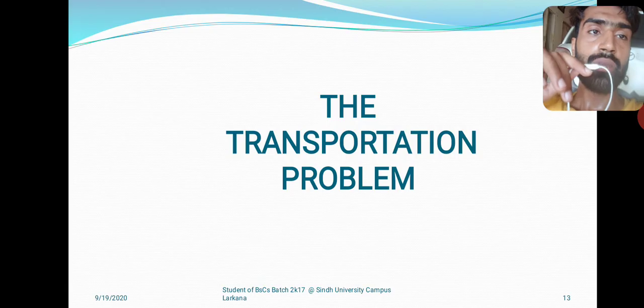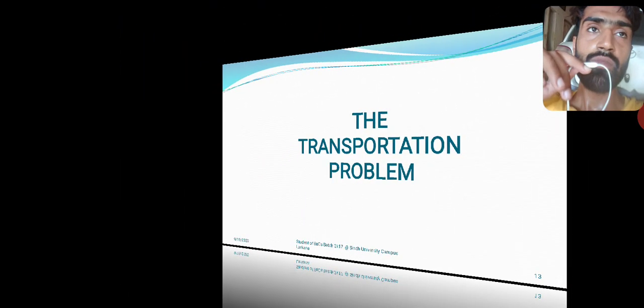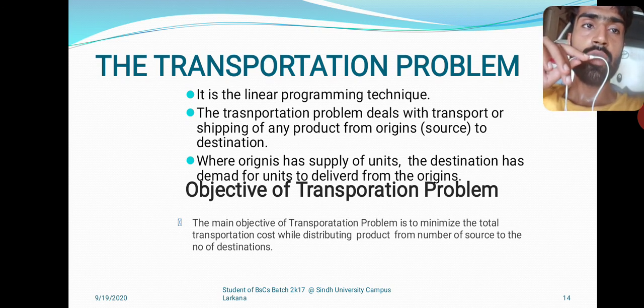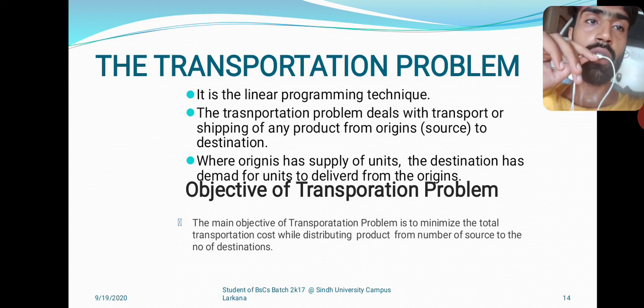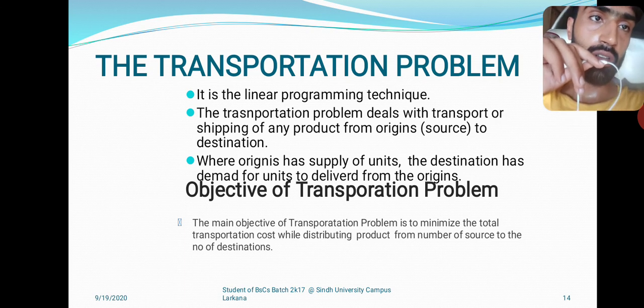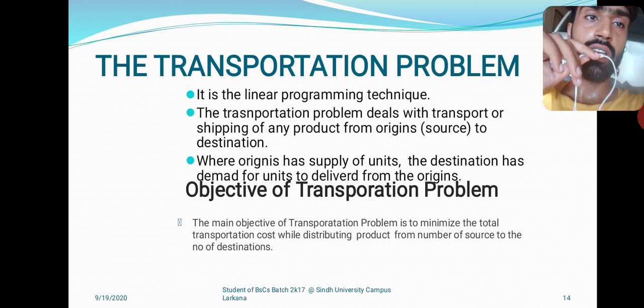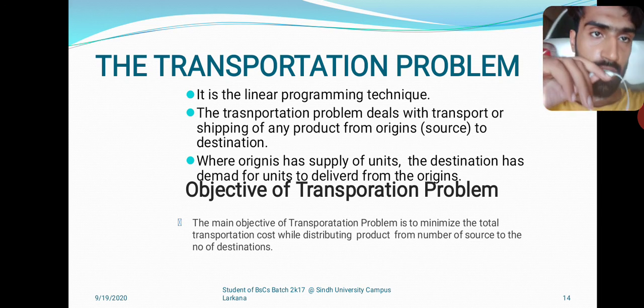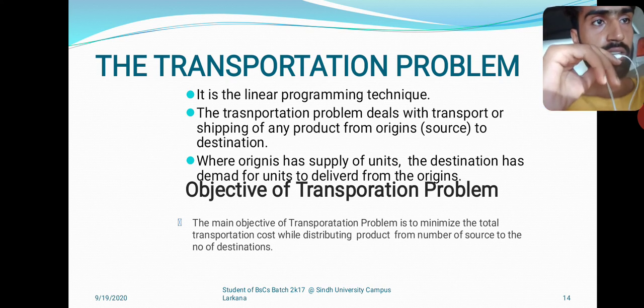The transportation problem. It is a linear programming technique. The transportation problem deals with transport or shipping of any product from origin or source to destination, where the origin has supply of units and the destination has demand for units delivered from the origin.